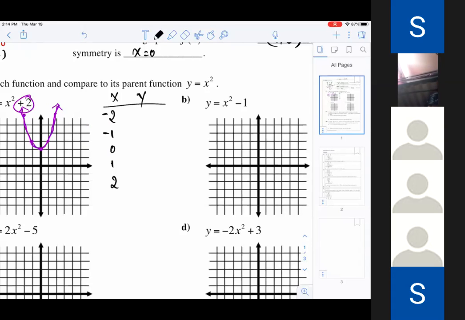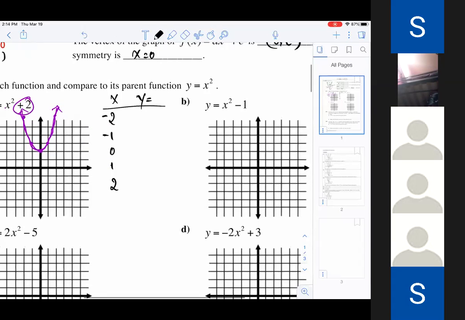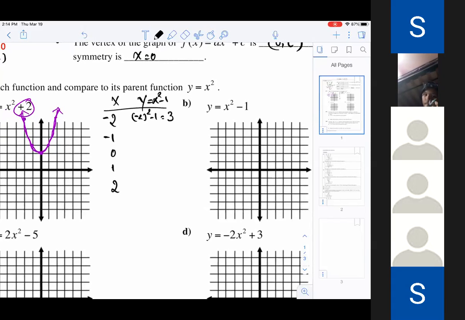So for the second function, it's x squared minus 1. It's going to be -2 quantity squared minus 1. That's going to be 3. Okay, correct. And -1, it's going to be 0. That's correct. And 0, it's going to be -1. And when it is 1, it is 0. That's correct. And 2 is equal to 3. Let's plot the points.